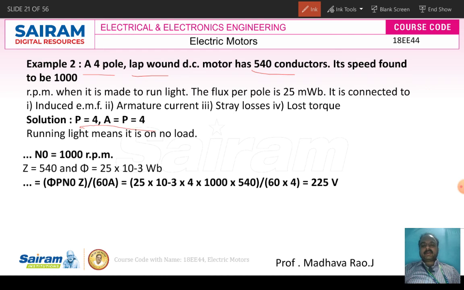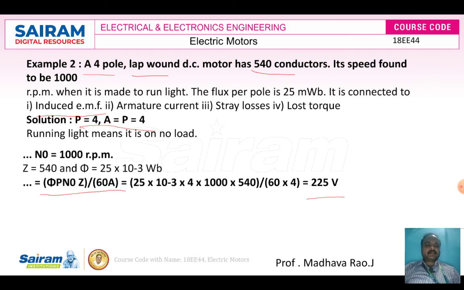So the back EMF, Eb is equal to phi P n Z by 60 A. So we have this formula. Substitute all the values, and we get Eb, the back EMF or induced EMF, equal to 225 volts. Next we have to find the armature current.